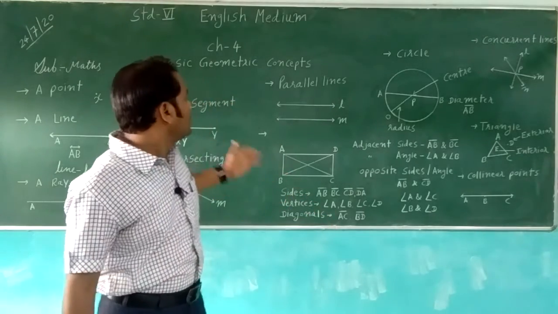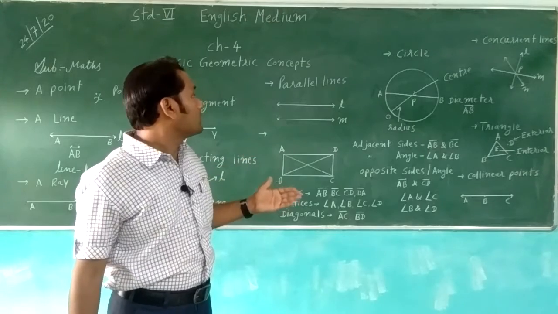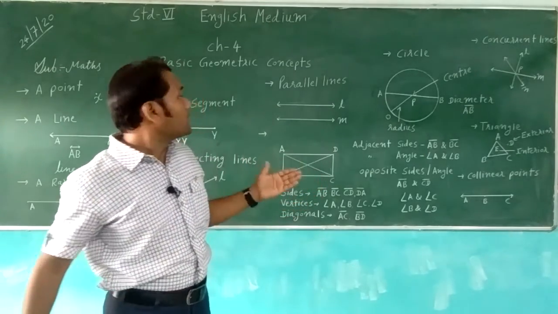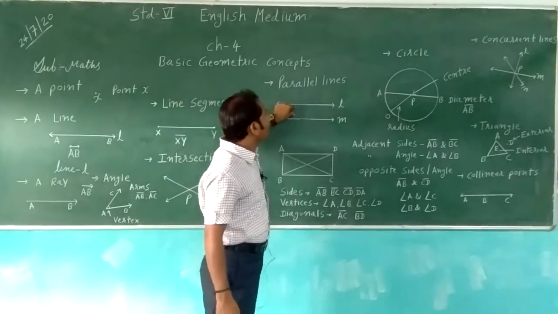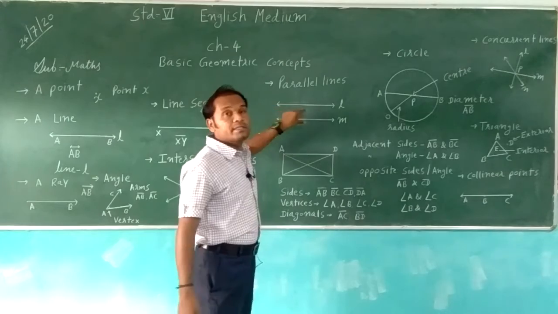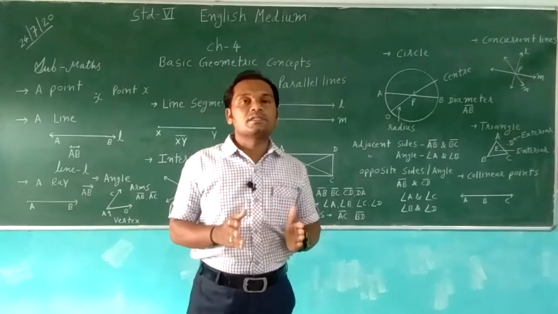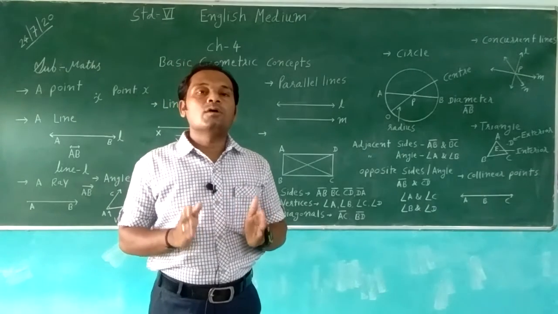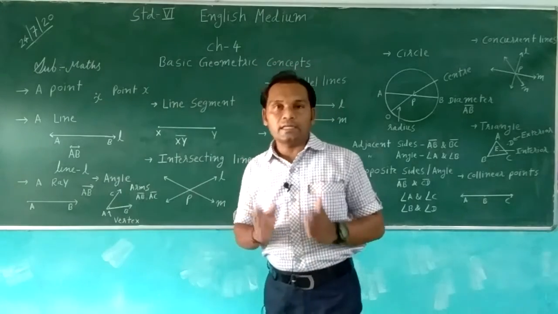L and M are called parallel lines because these lines do not intersect at any point. They never intersect, and both go in the same direction with the same distance, like two tracks of a train.